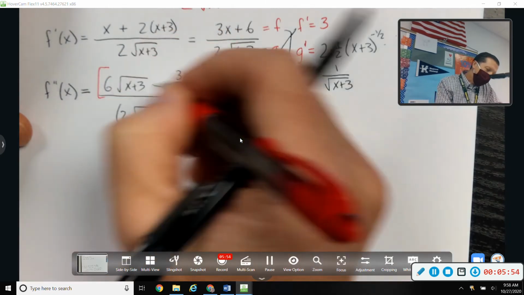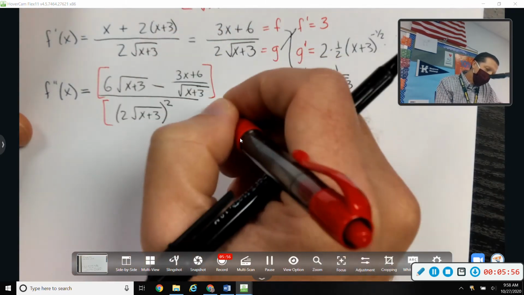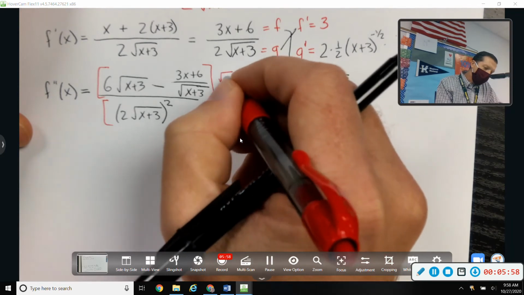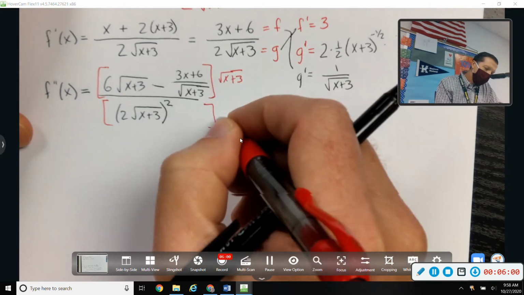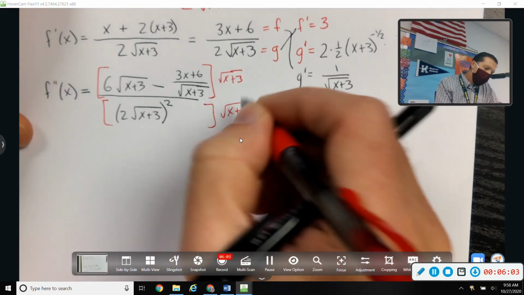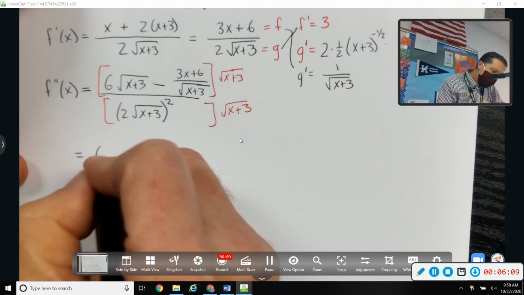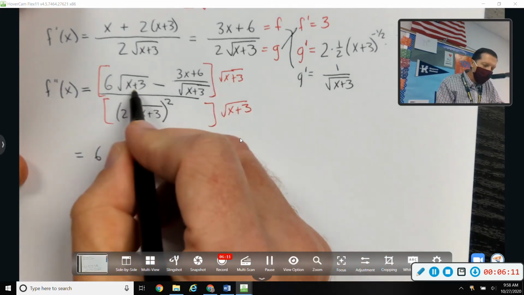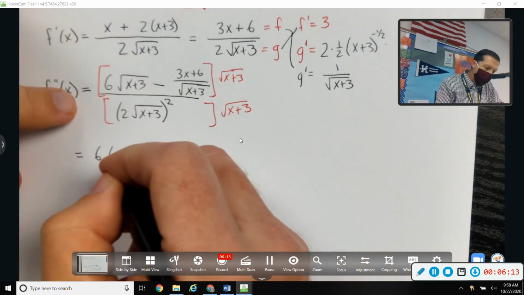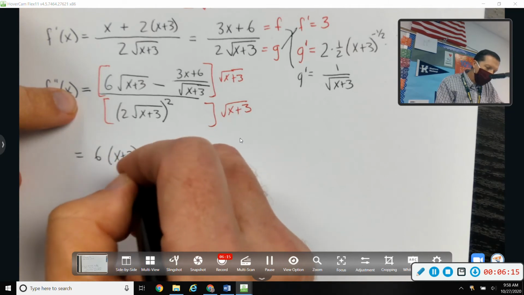I think I would first get rid of this fraction and fraction business by multiplying everybody by square root x plus 3. And I get the extra bonus of, on the first term, the square root goes away.